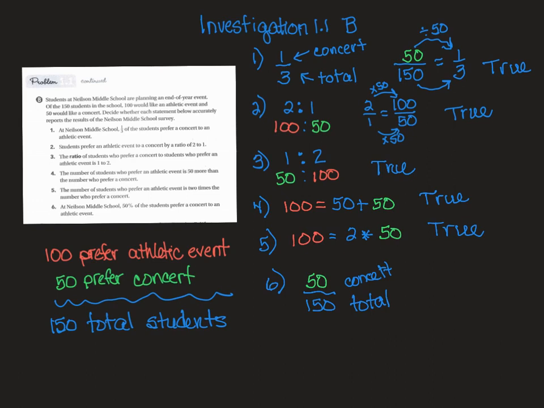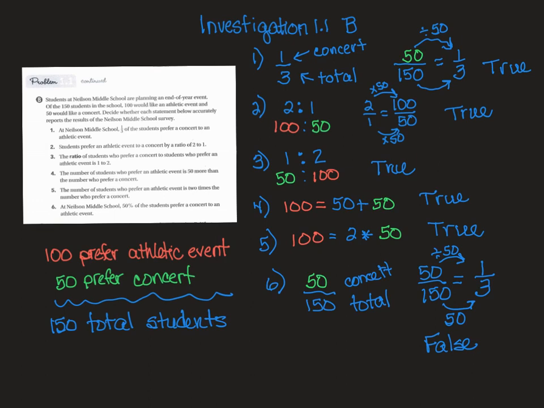Well, let's put it over to the side and let's simplify it. 50 over 150. Okay, and so I know that both of these can be divided by 50. So I'm going to divide by 50. And I can check on my calculator if I want. Dividing by 50. 50 divided by 50 is 1. 150 divided by 50 is 3. And so that is false. That is not true.